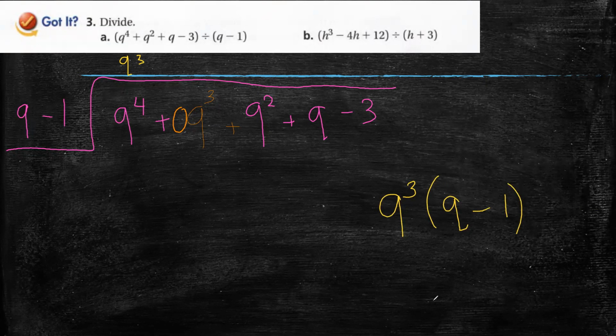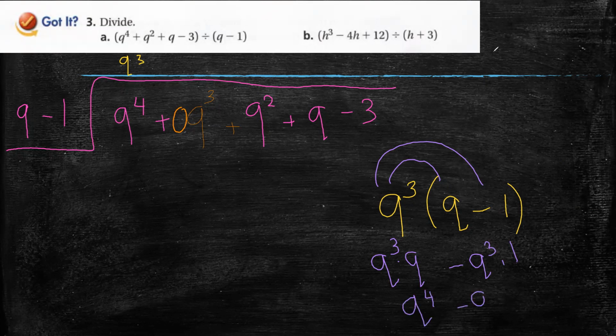To multiply it, I have to distribute. So q cubic times q is q to the power 4, minus q cubic times 1. It means q to the power 4 minus q cubic. This answer, I will write it here: q to the power 4 minus q cubic.